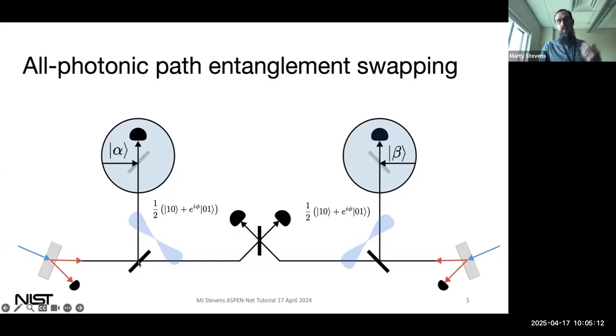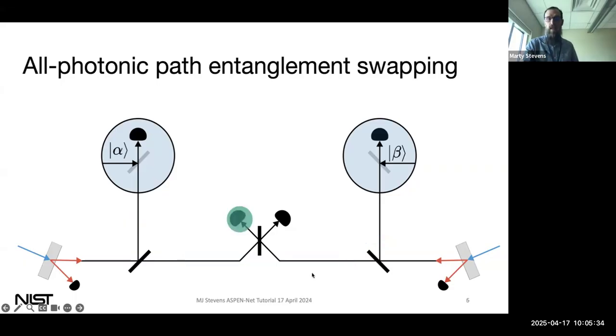So essentially, the photon is in this superposition of having transmitted through the beam splitter and also been reflected by the beam splitter. We can write that as this superposition state over here, and also as a superposition state over here.